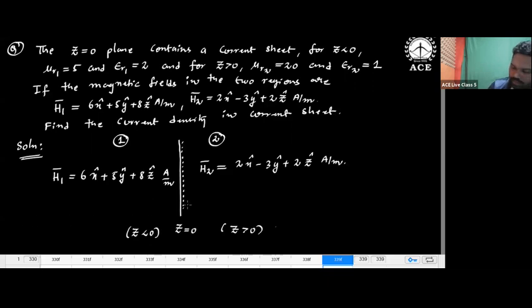Remember, what is the normal to the interface? He is asking what is the surface current here, Js. What is the normal to the interface from medium 1 to medium 2?